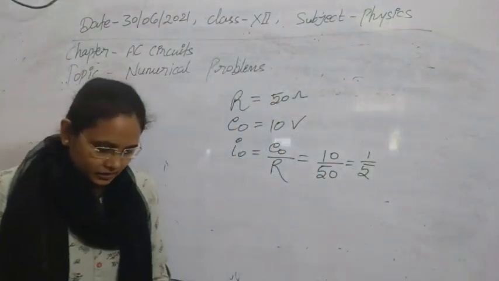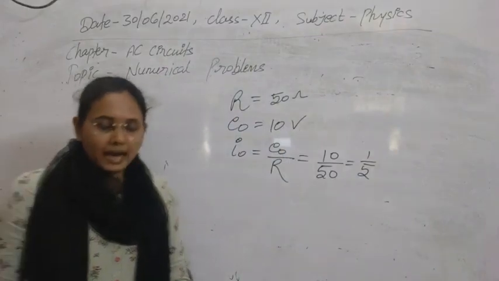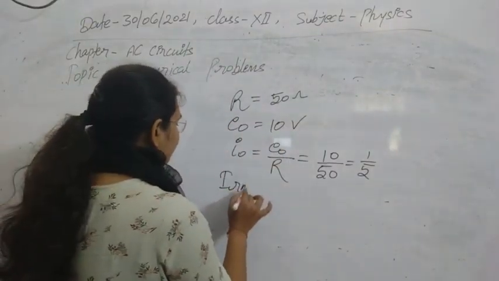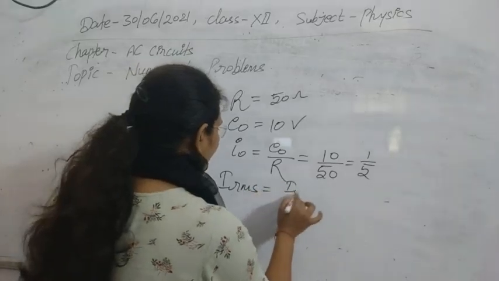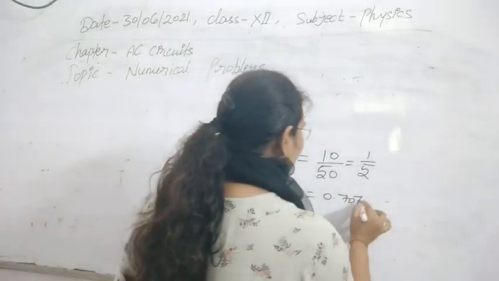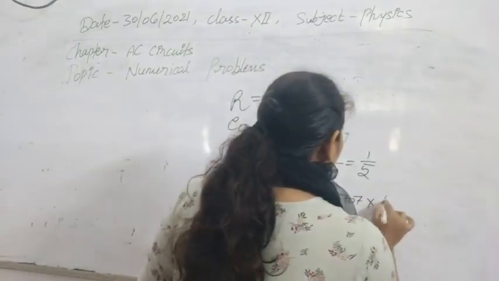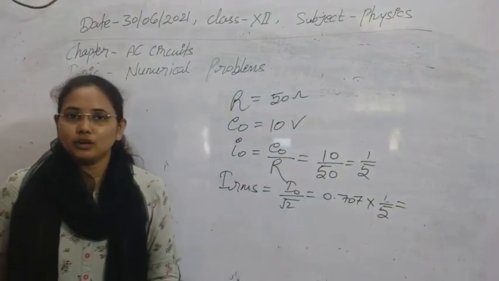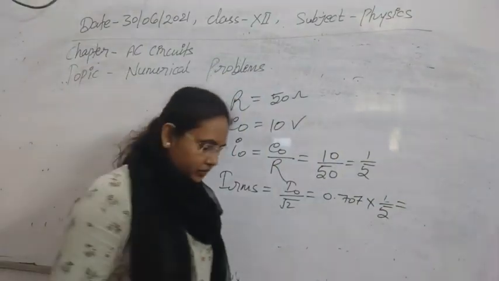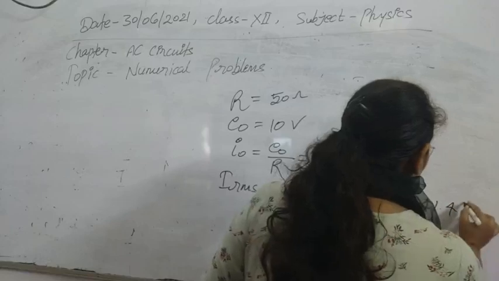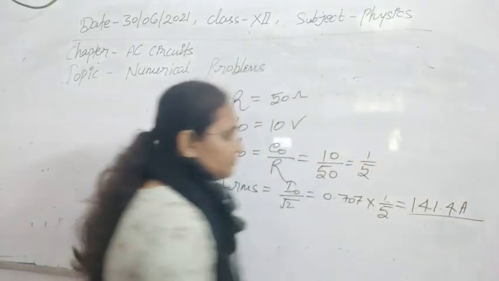Next, as we have to find the RMS value of this current, we know that IRMS is given by I0 upon root 2, or directly we can write 0.707 into 1 upon 5. If you solve it, that will provide you the value of RMS current. Its value after solving this is equal to 1.414 ampere.